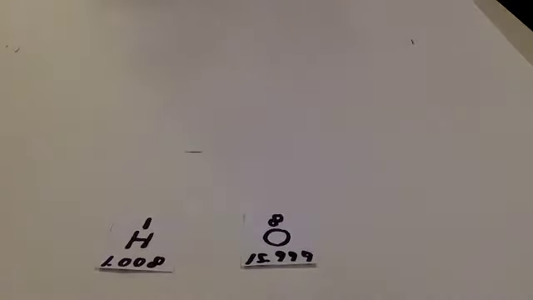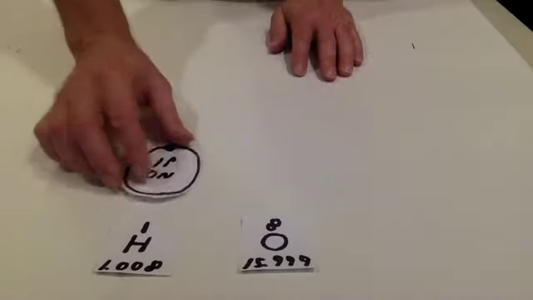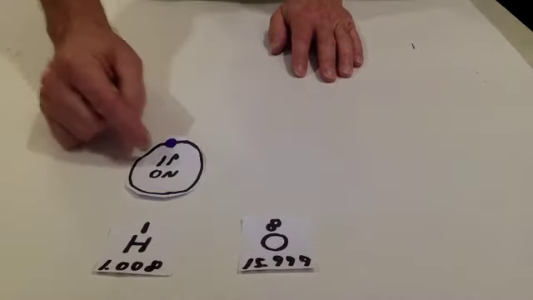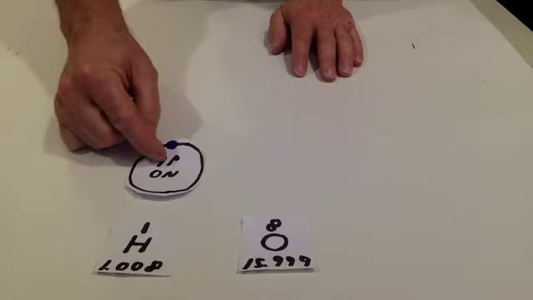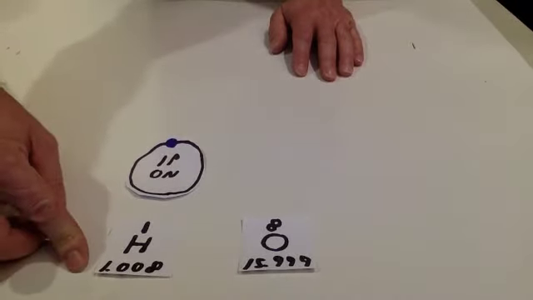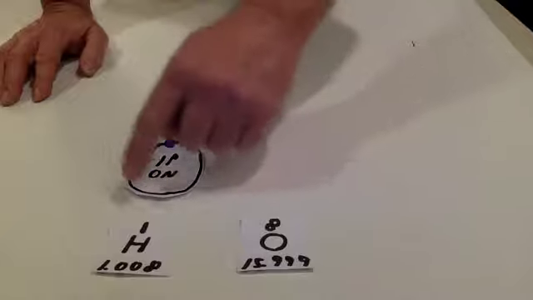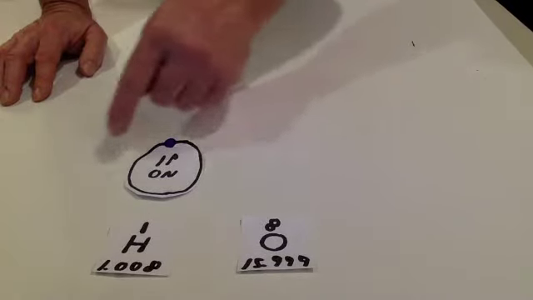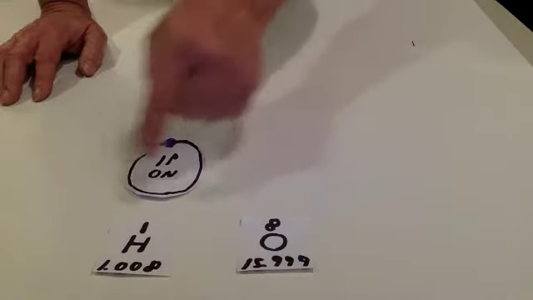So if we were to take a look at the atomic structure of hydrogen, we would see it has 1 proton in the nucleus, it has no neutrons. We could get that from the mass number, and it has 1 electron, so it only has 1 energy level electron shell.